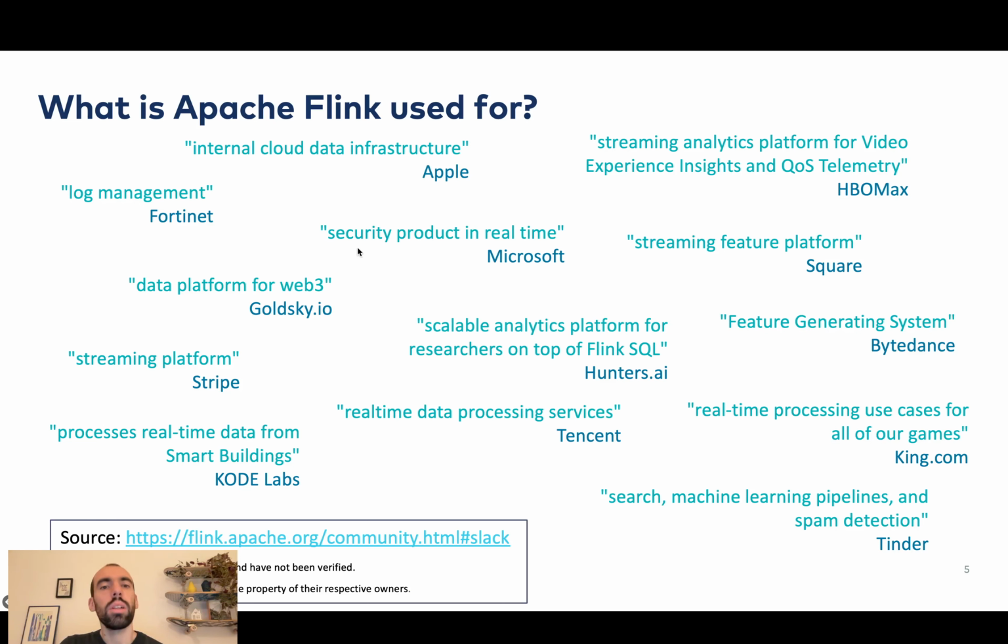People have built security products that do real-time security analysis, a feature platform, a feature generation system, and various kinds of real-time data processing services for smart buildings, for the Web3 even, for log management.